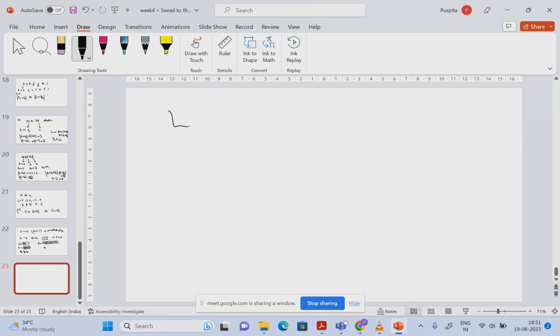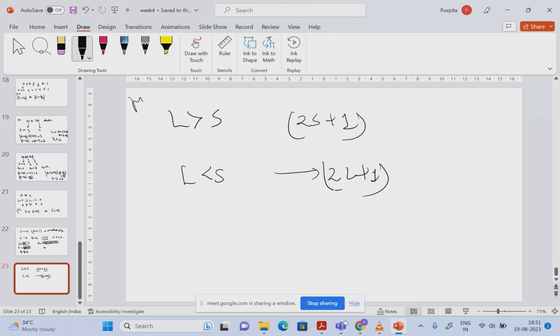When L is greater than S, the multiplicity will be 2S plus 1. But when L is less than S, the multiplicity will be 2L plus 1. This is the multiplicity of J.